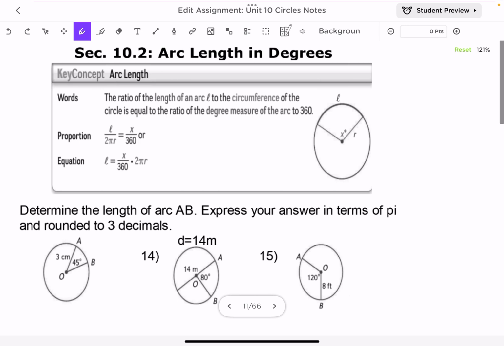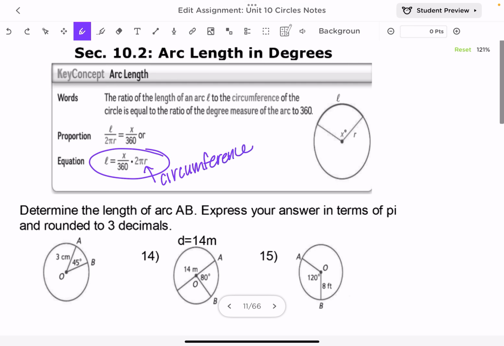So we're talking about arc length in degrees. There's a couple different things written here, but the formula that we use is the second one that says equation. Let me talk about where it comes from, and then it'll be easy for you to understand. If I'm talking about the length around a circle, we're talking about circumference. So that 2 pi r right there is your circumference formula.